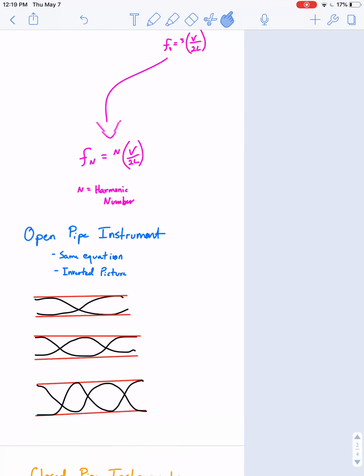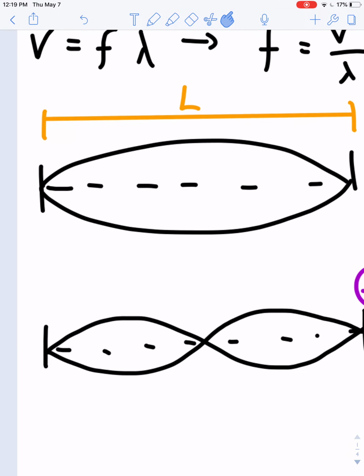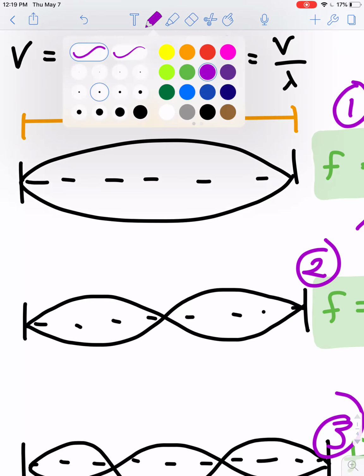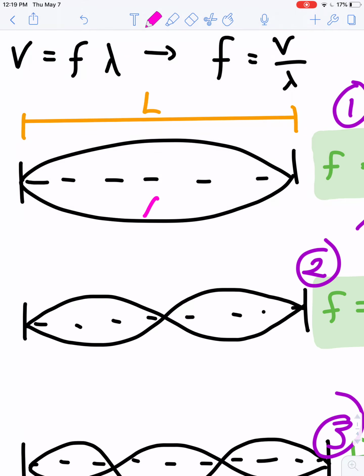So if we want to compare the first harmonic here, notice that the antinode is in the middle and the 2 nodes are on the outside. So I'll try to draw that. We have the antinode here, and we have a node, and we have a node. Let me do a different color. We'll do pink for the antinodes.